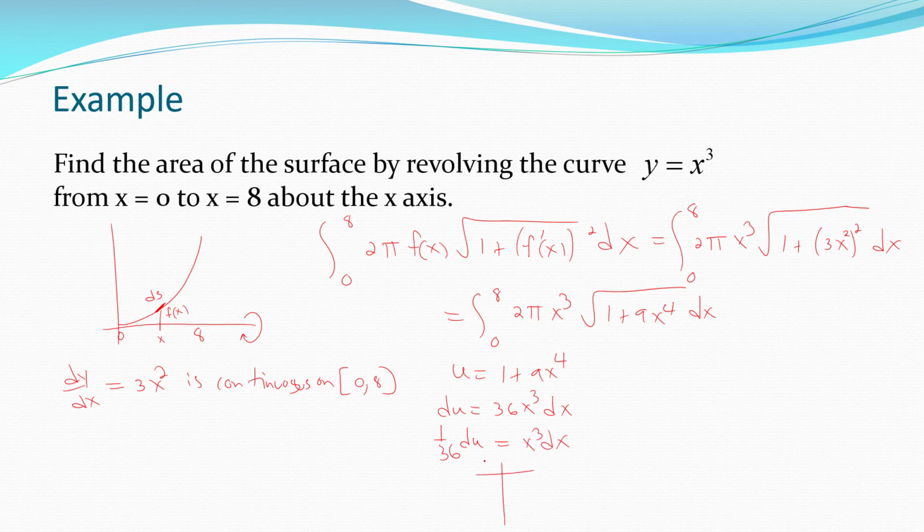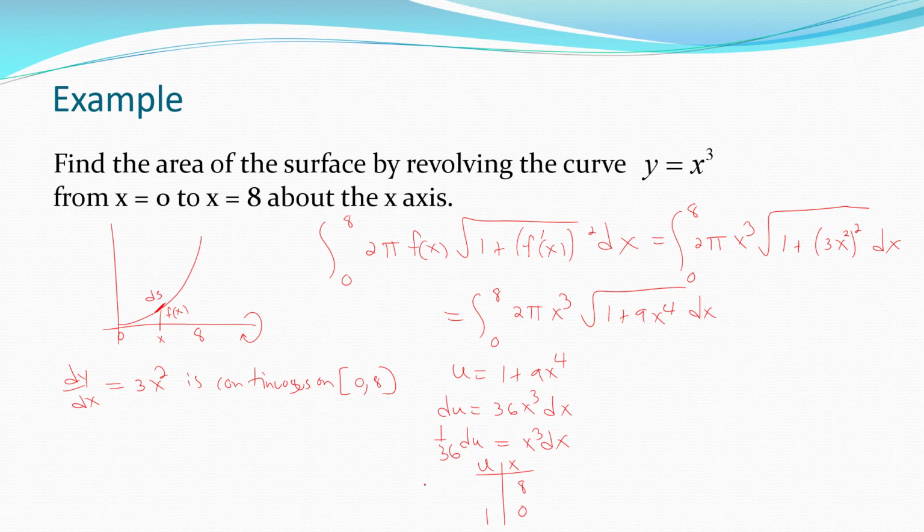And for certain x values, I get corresponding u values. When x is 0 or 8, u would be, since u is 1 plus 9x to the fourth, when x is 0, u is 1. And when x is 8, I would have that u is 1 plus 9 times 8 to the fourth power, which would be something truly huge.